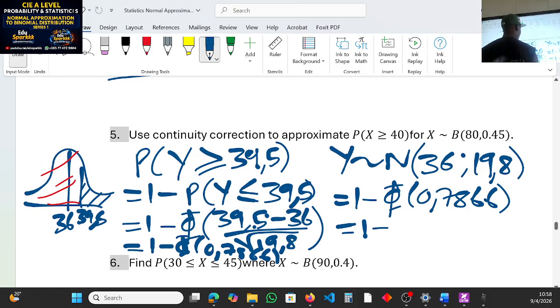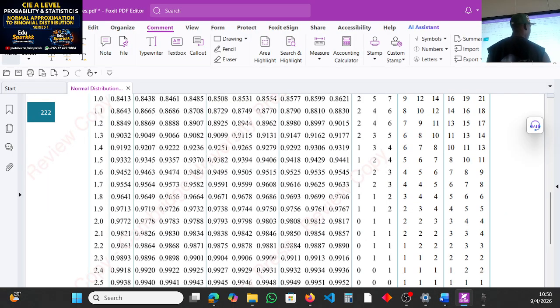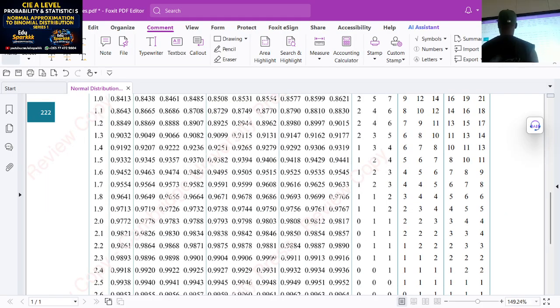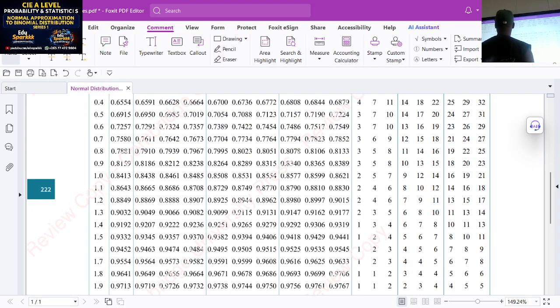So let me move to my 0.78. 0.7 is here. 0, 1, 2, 3, 4, 5, 6, 7, 8. And 66 becomes 67. So it's 0.7866.